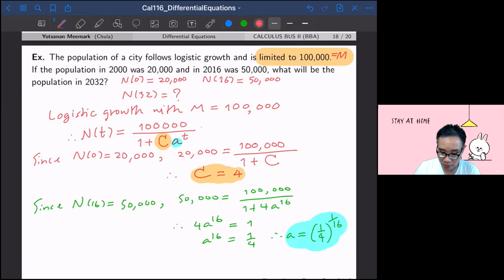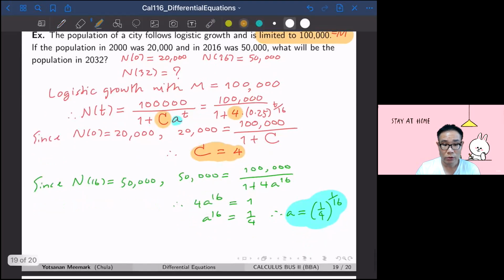So it's going to be 100,000 over 1 plus 4 times (1/4)^(1/16), which is 0.5, to the t. Okay, so this one will be your N(t).